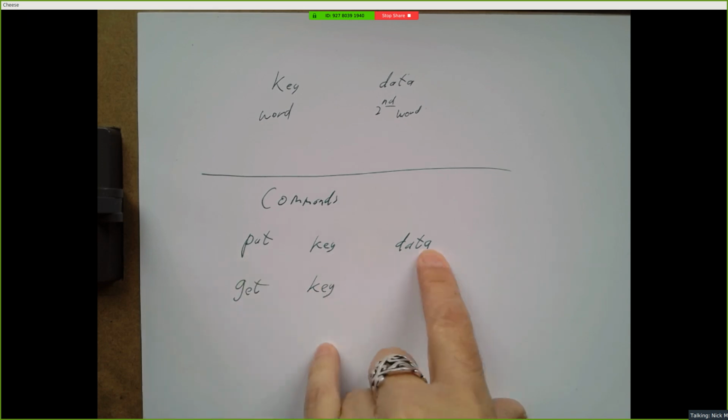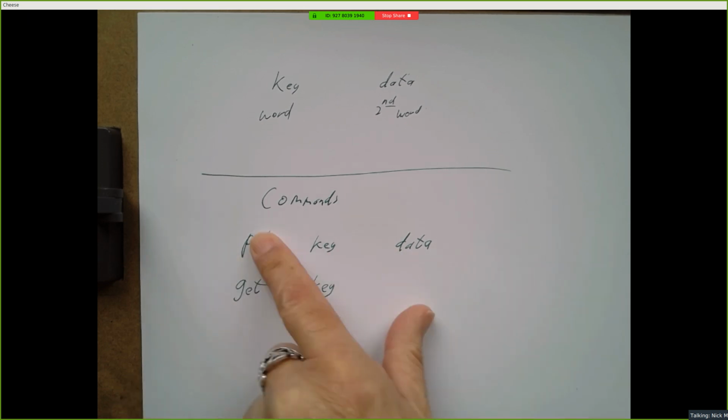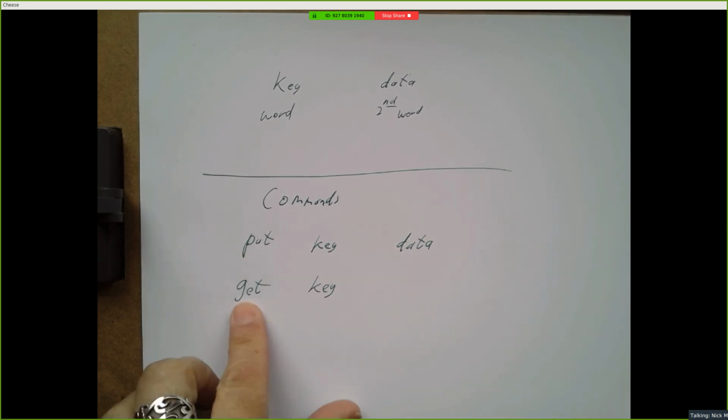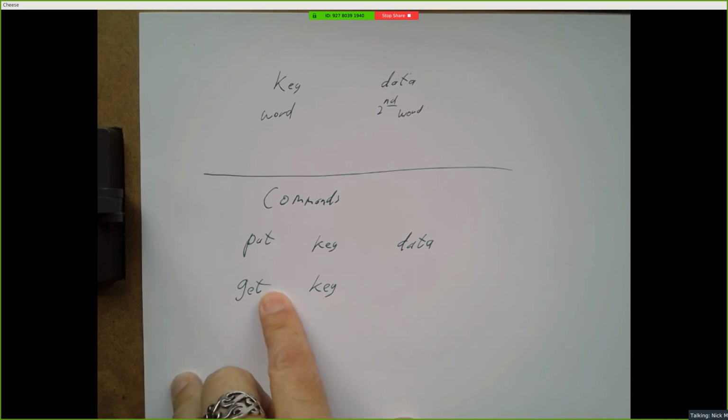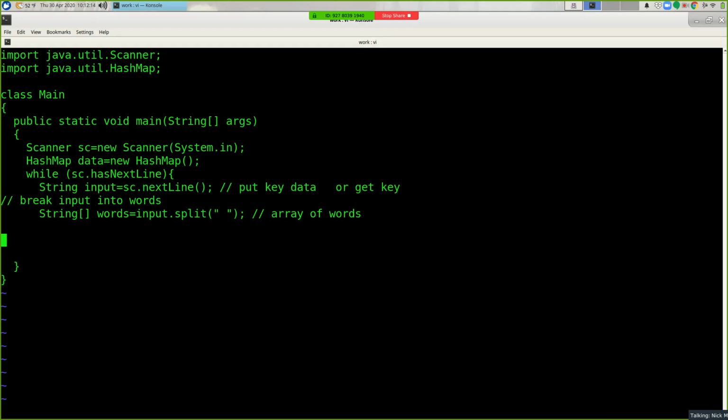If they said put a key, we're going to go ahead and do something to store into our hash map. If they said get a key, we're going to do something to read from the hash map. If they said anything else, we're going to yell at them and say, hey, say either put or get. All right, so I'm just going to do that as a series of cases. I'm not going to use a case or a switch statement. I'm just going to write this out as if statements.